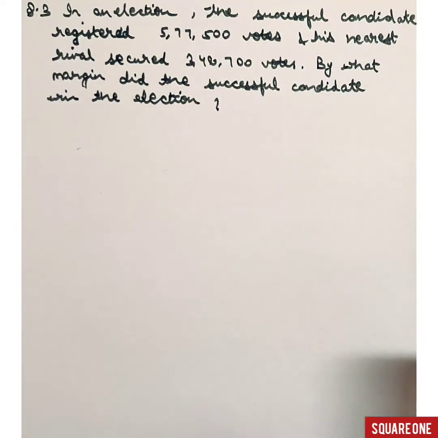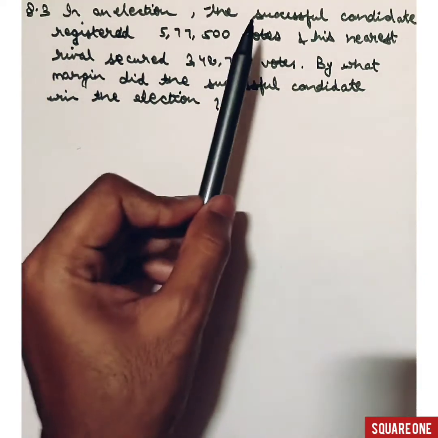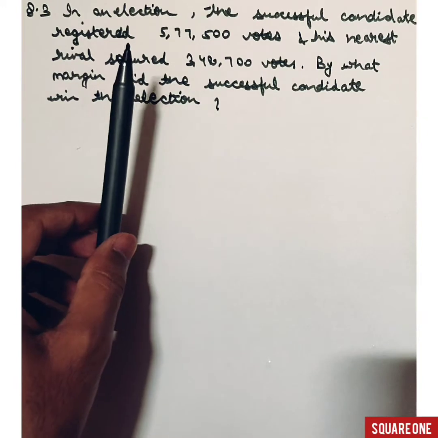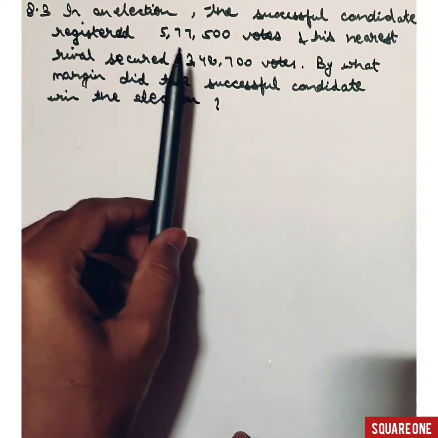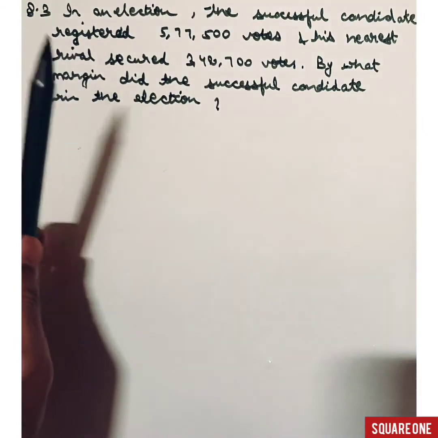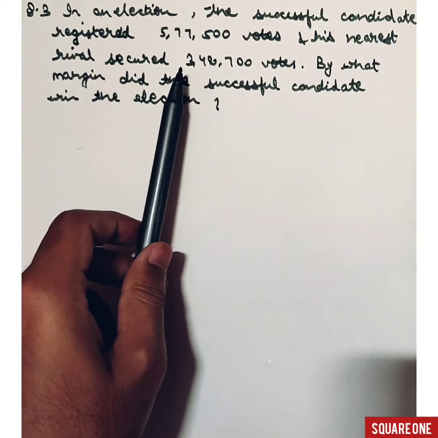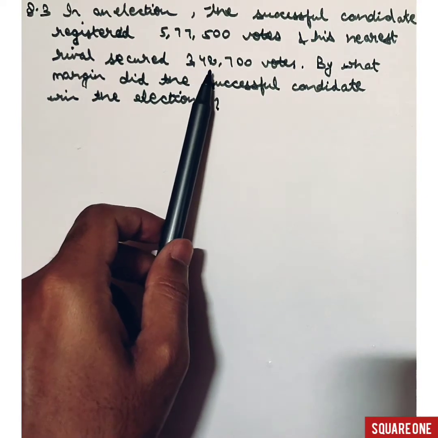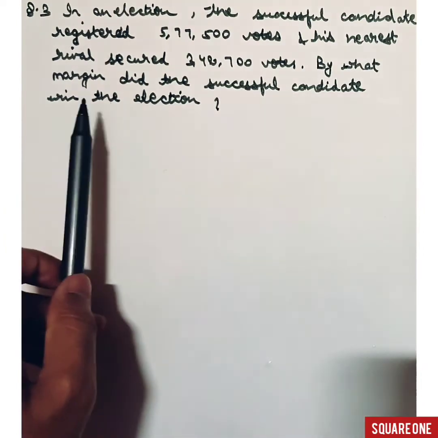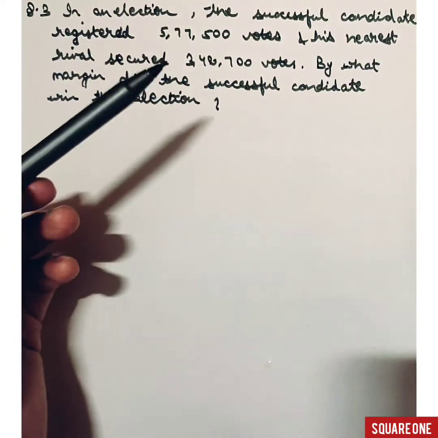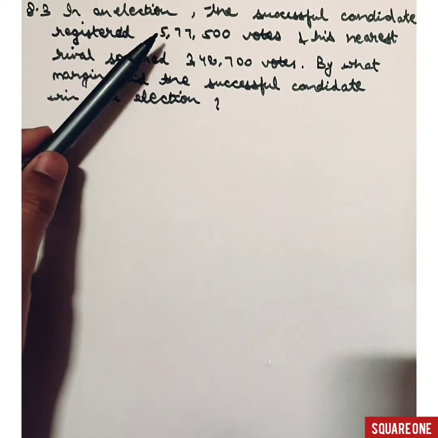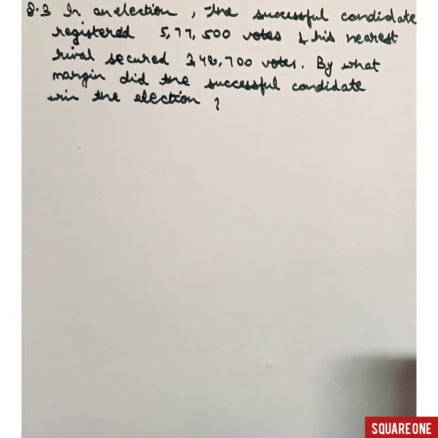Now in this question, we have been given the number of votes that the successful candidate, that means the person who has been elected or who has been chosen as the first candidate, got 5,77,500 votes, and his nearest rival, that means the second person, got 3,48,700 votes. By what margin did the successful candidate win the election? That means we have to find out by what difference the successful candidate won the election. So we have to find out the difference between these two numbers.